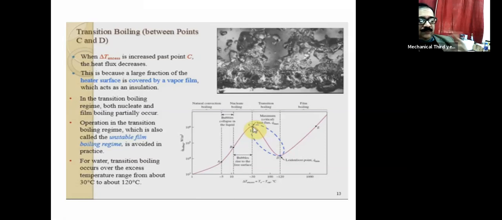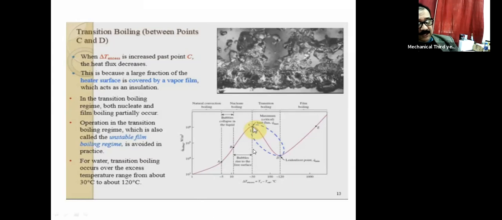What happens? The heat flux decreases. So now this flux was increasing, and after reaching the critical point, as the temperature difference is increased, the heat flux starts decreasing.